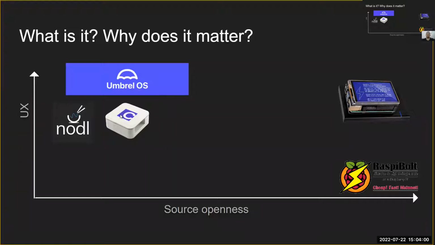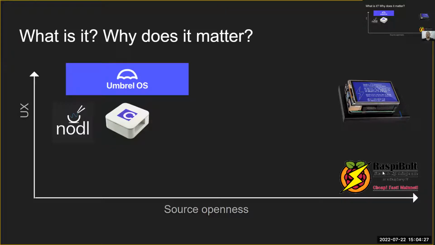In the past, we had other things like Casa. Also, there is Nodl. There is a bunch of these nodes that are prepackaged for you for Raspberry Pis. On the other end of the spectrum, we have more open source things. Let me start with Raspibolt, because that was the idea for Raspiblitz, to be honest.